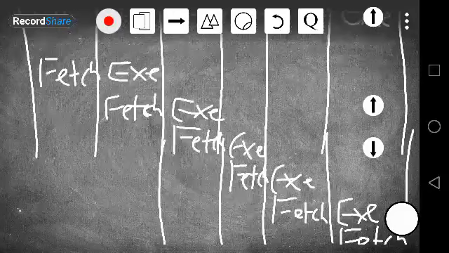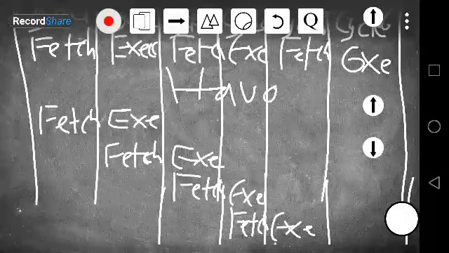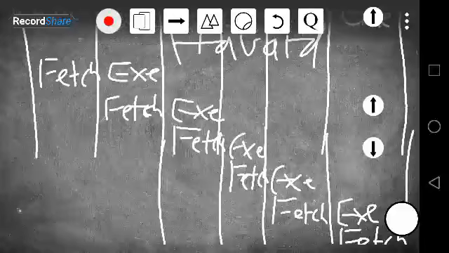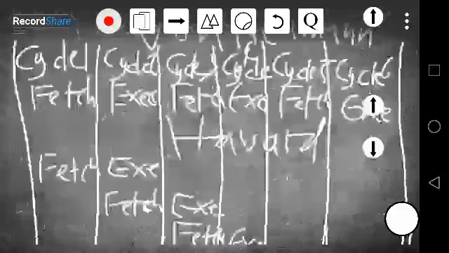But look at the Harvard approach. Per 6 CPU cycles it will have processed instructions 1, 2, 3, 4, 5, about 5 instructions. So when you hear us talking about speed, this is what we are talking about. Okay, basically that's what we are talking about.